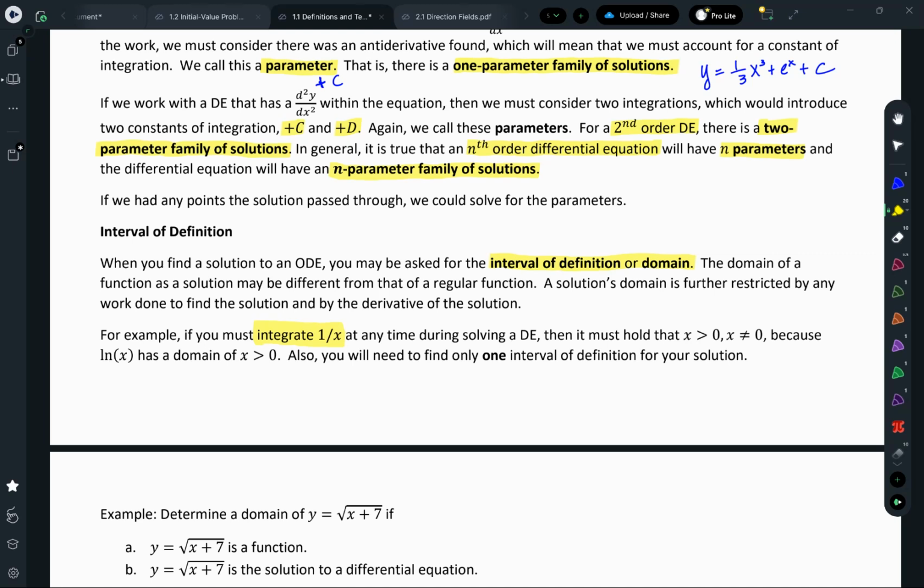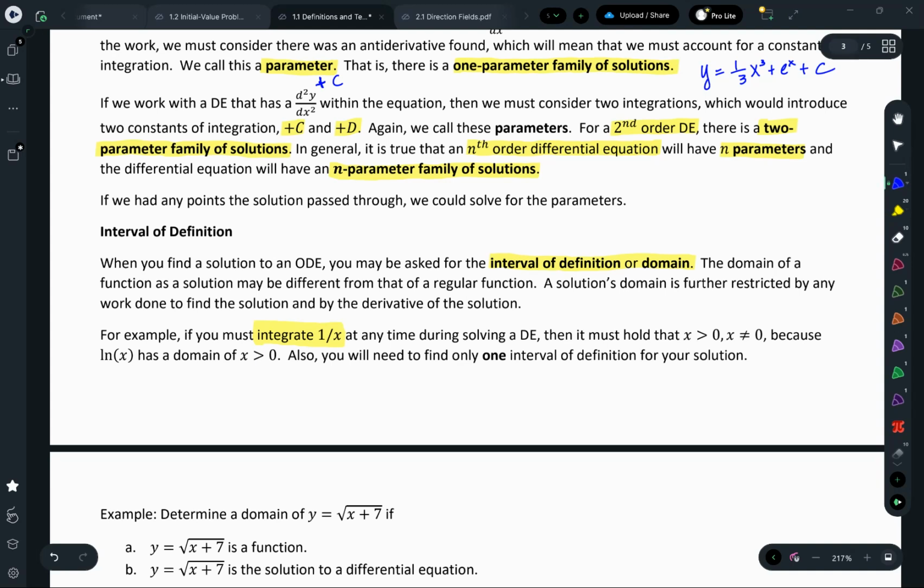We would end up dividing by 0, and that's not good. And so even to integrate this, we could only integrate it to the left of 0 or to the right of 0. But the actual antiderivative of 1 over x is the natural log of the absolute value of x.